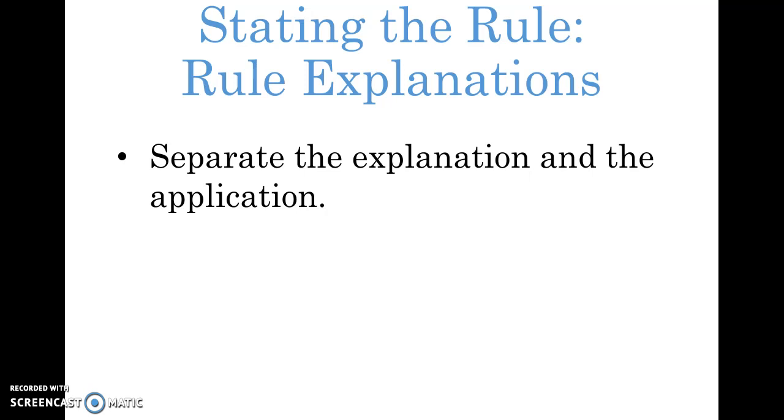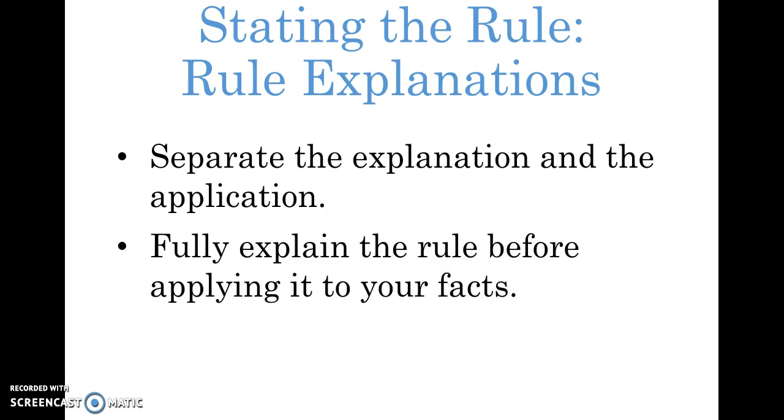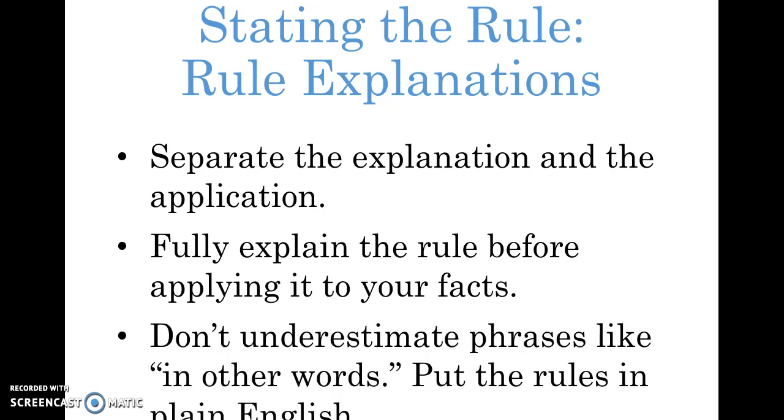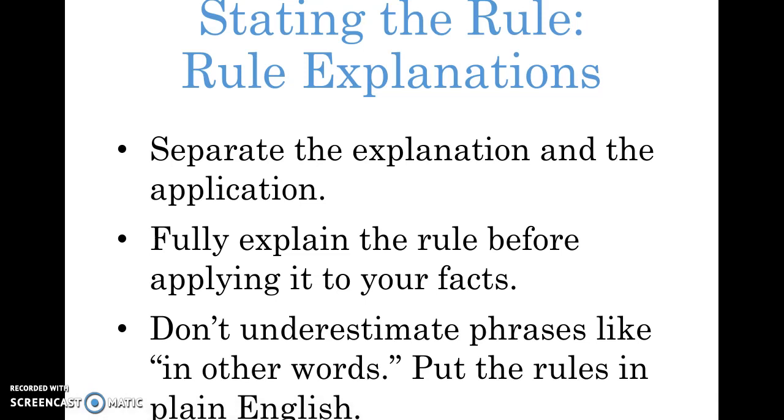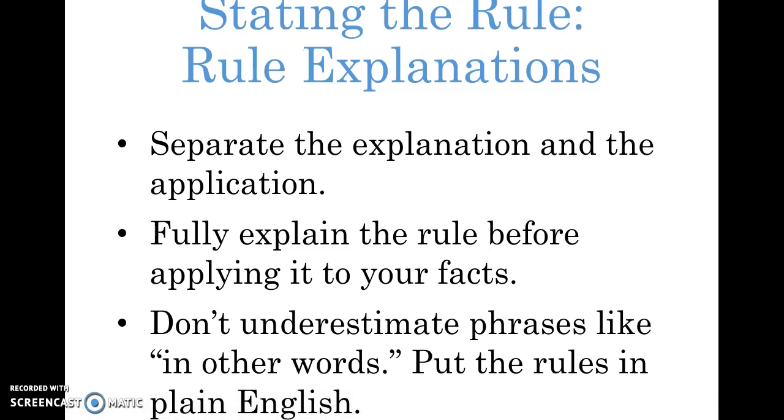So as always, you will explain everything the reader needs to know about the rule before you apply it. And you want to provide enough explanation that your reader isn't left asking, well, what does that mean? And to that end, you should be using phrases like, in other words, to put the rules in plain English.